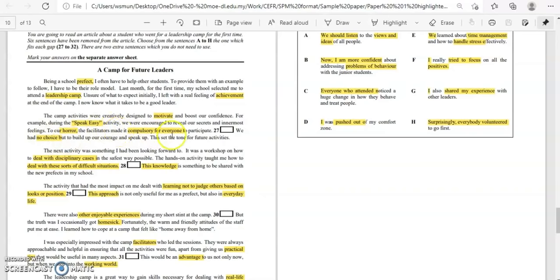So now let's fit this into the gap and read again to check whether it fits well. "To our horror, the facilitators made it compulsory for everyone to participate. I was pushed out of my comfort zone. We had no choice but to build up our courage and speak up." It fits perfectly well, right?